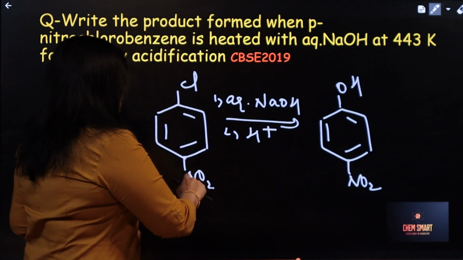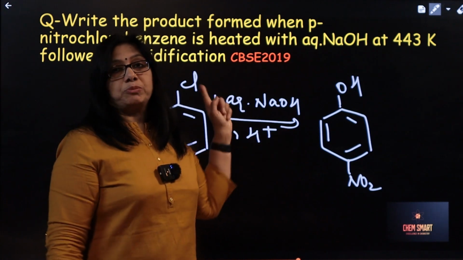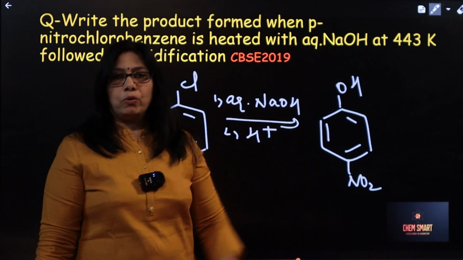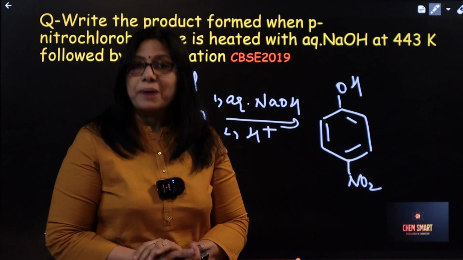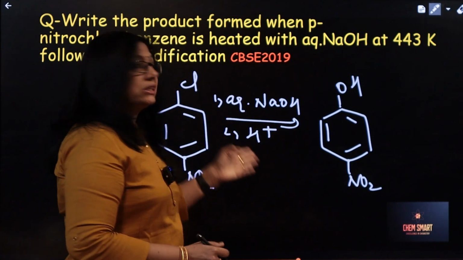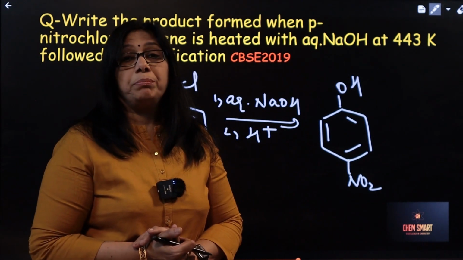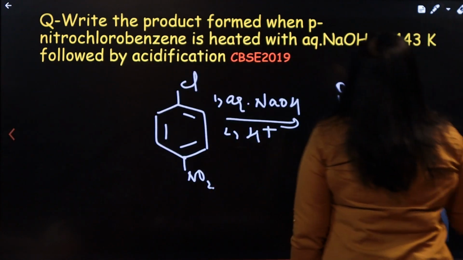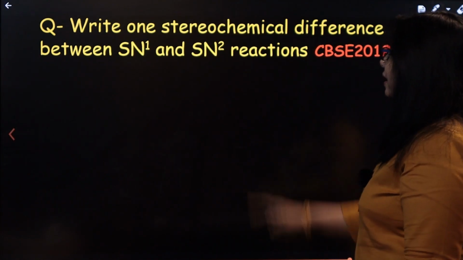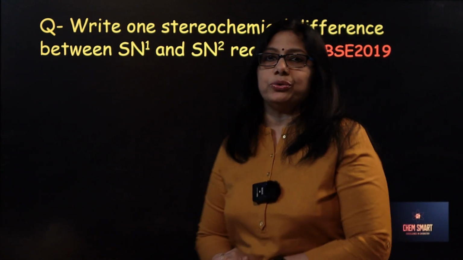That is, the more the number of electron withdrawing groups, the easier will be the substitution of Cl minus by OH minus. They are also previous board questions, so make sure to practice them. Only this one is asked in this paper, that's all, but the other two are also board questions. Make sure to practice. Okay? Now, next question. Write one stereochemical difference between SN1 and SN2 reactions.